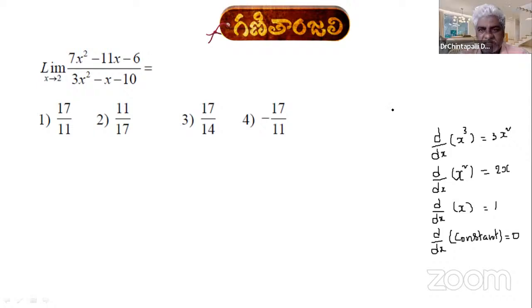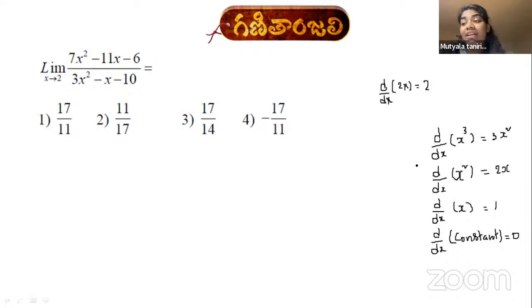And what is the derivative of 2x? 2. Since derivative of x is equal to 1, the derivative of 2x is 2. Derivative of 3x, 3, sir.